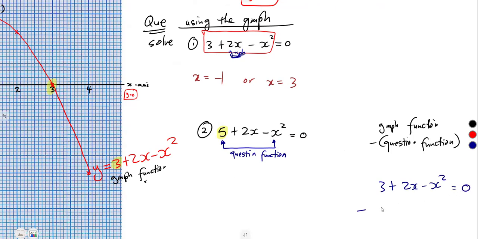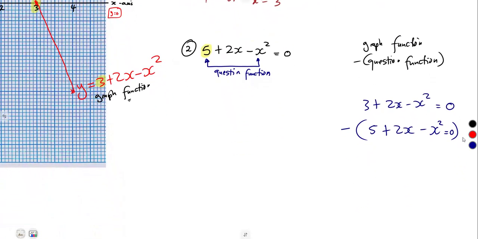Then we subtract the question function, the one that we are given here on the question: 5 plus 2x minus x squared is equal to 0. We subtract and see what the difference is.